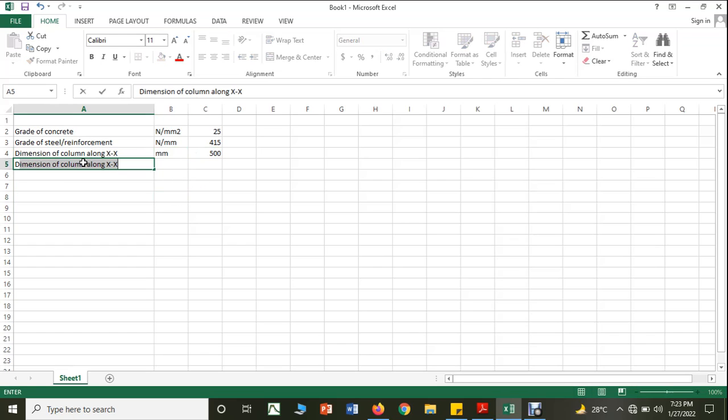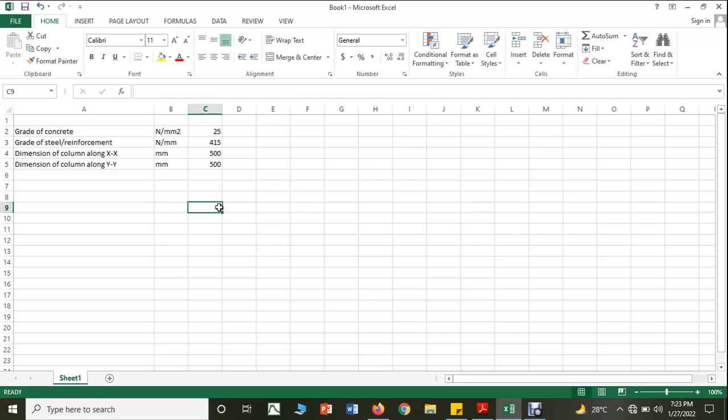Similarly, I can write the dimension of the column along YY, which will be in mm again, and let us take that also as 500.